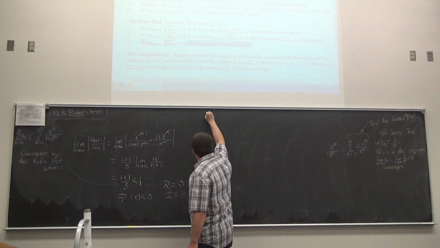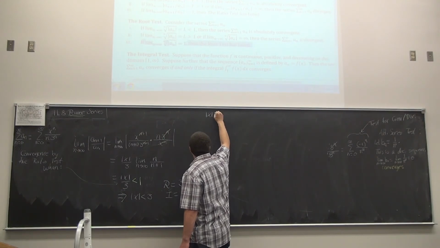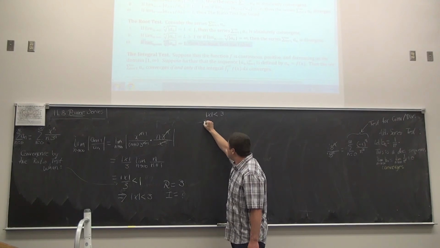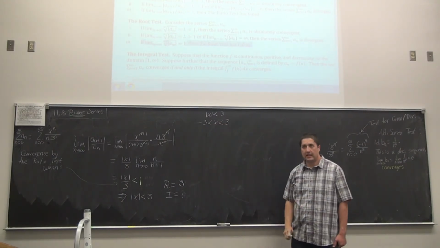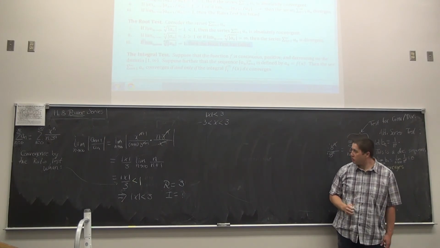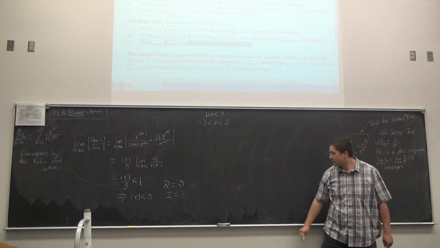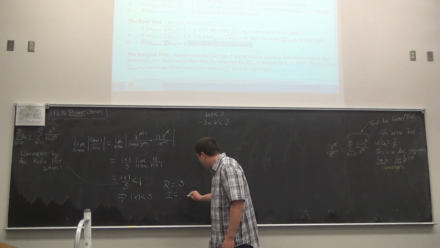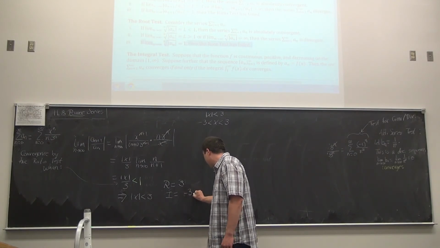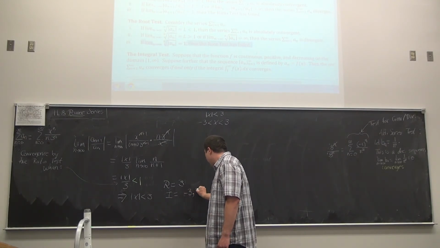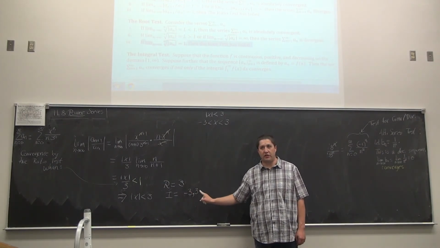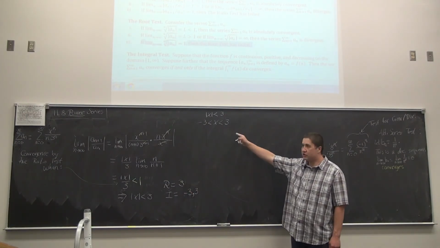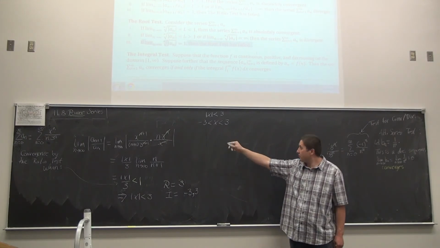So if absolute value of x is less than 3, then negative 3 is less than x, which is less than positive 3. So that tells us what the boundary points should be on the interval of convergence. We pretty much at this stage know that the interval of convergence looks like this, from negative 3 to positive 3, but we have to come back and decide on parentheses or brackets around these two boundary points. So let's just go left to right, starting at negative 3.